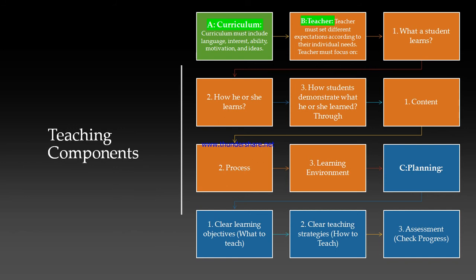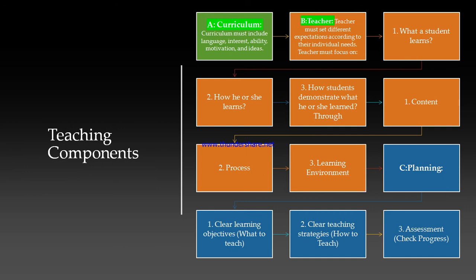Now, how students demonstrate what he or she has learned: the teacher has to assess and check the progress, check the understanding of whether he or she is getting it or not. Because you know the level of the students, then you have to go accordingly.